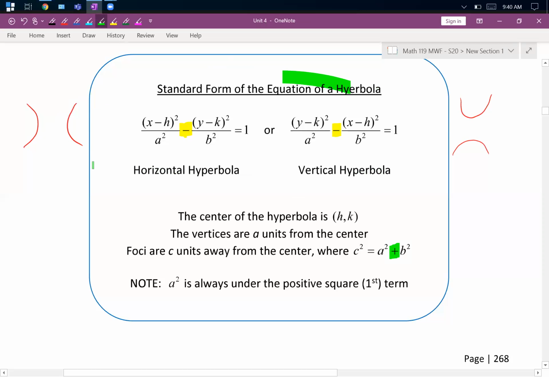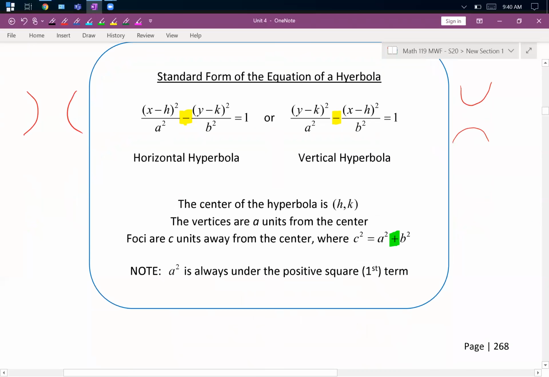Ellipses had a plus sign and the c squared formula had a minus in it. And here our hyperbola has a minus sign in it, so our c squared formula has a plus sign in it. Any questions so far?